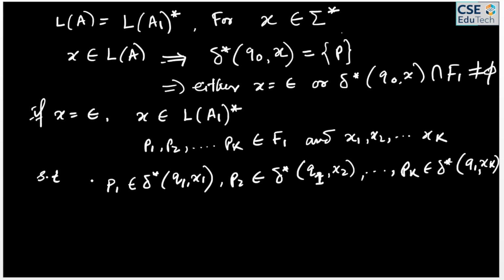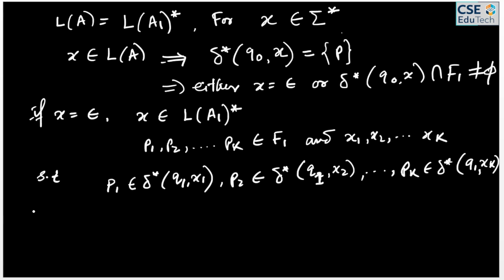So P1 is the state reached after processing the string x1 starting from q1, P2 is reached after processing x2 starting from q1, and Pk is reached after processing xk starting from q1.